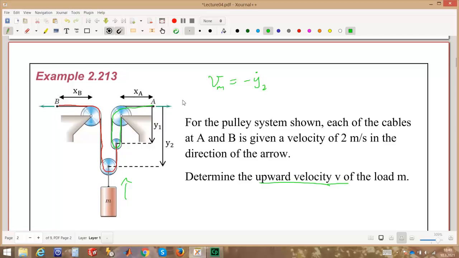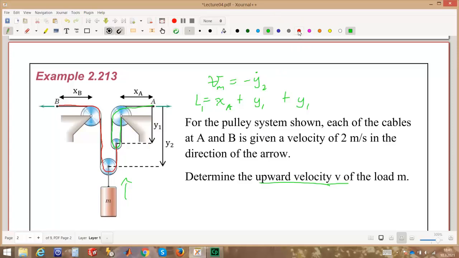Depending on which one you write, let's write the green one, the yellow one, L1, let's call it, that will be composed of xa plus y1 plus basically y1 again, and then you can write out the equation.